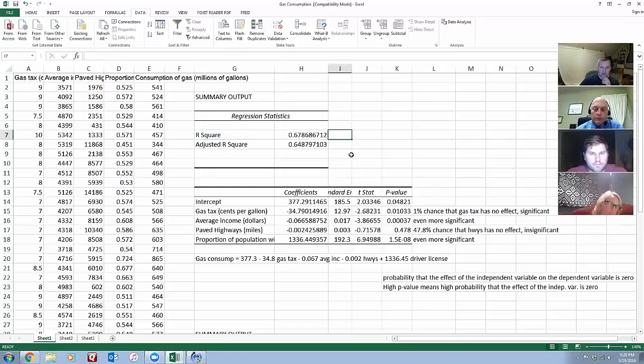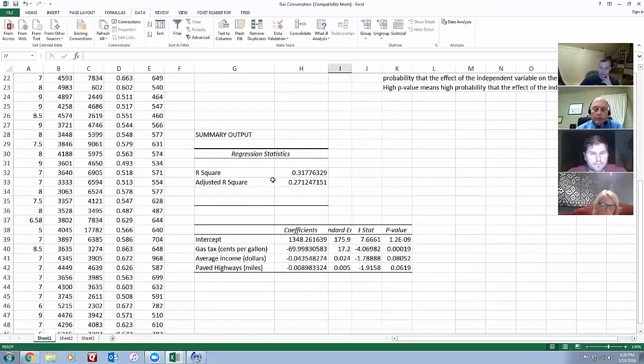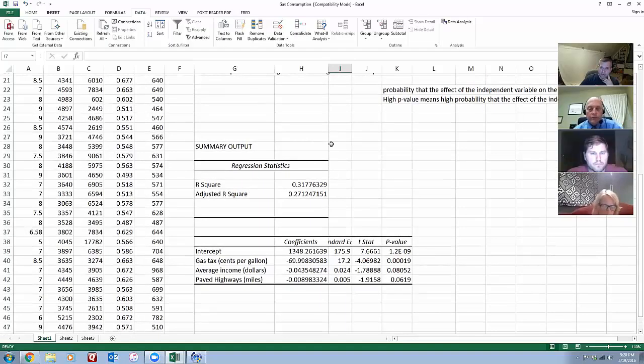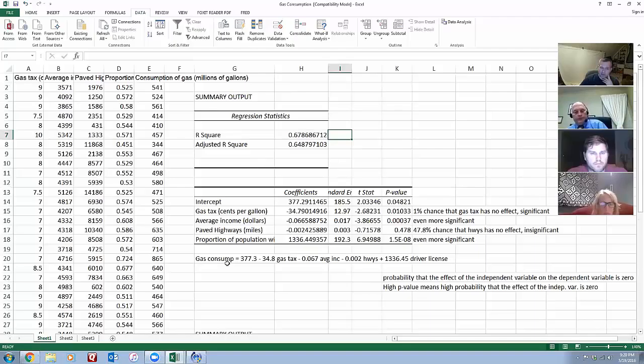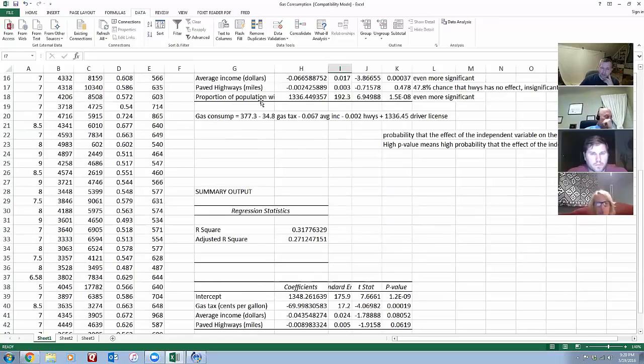From the first model, I went from an R squared of 0.65, 0.67 to this one, where I dropped only one variable, and it dropped down to 0.3. So I went from explaining almost 65% of the variation in gas consumption to only explaining 30% of the variation in gas consumption. So that proportion of population variable seems to be pretty important.